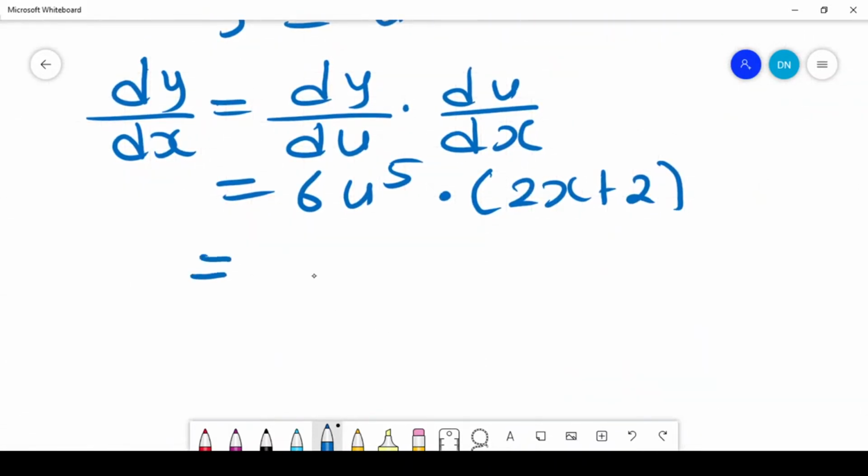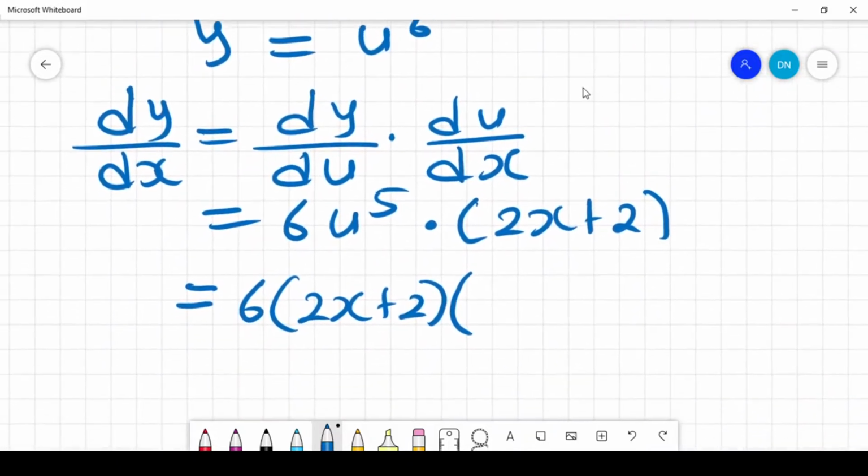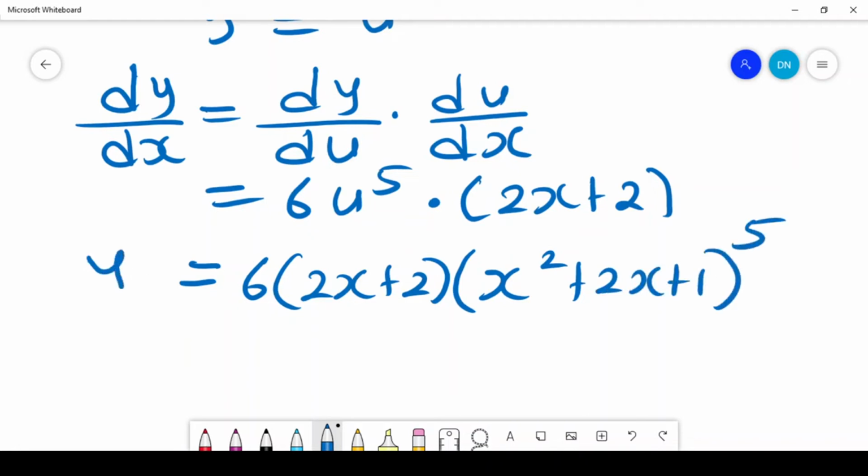And therefore, my final solution becomes 6 times 2x plus 2, and then we put back the u that we had. And remember, u is x squared plus 2x plus 1, raised to power 5. And that gives me the first derivative of y with respect to x.